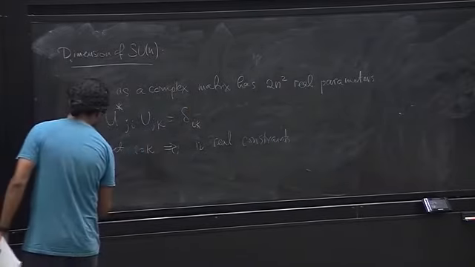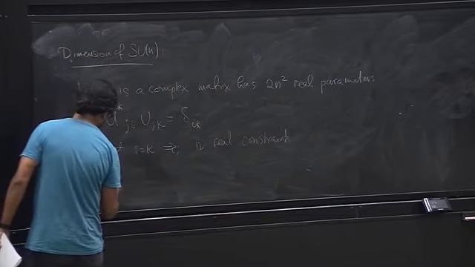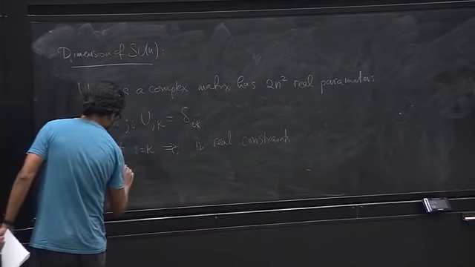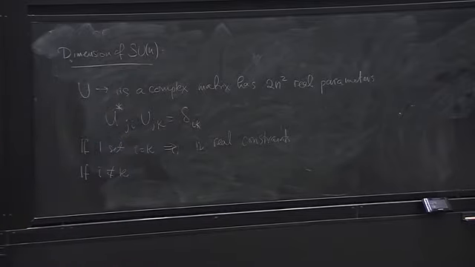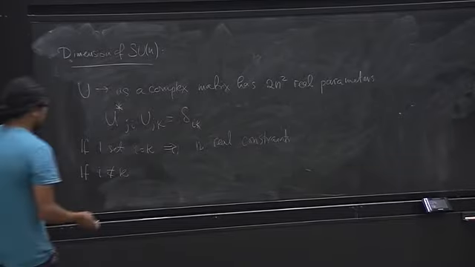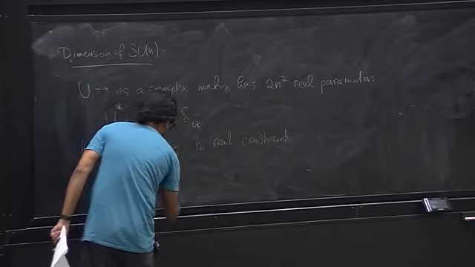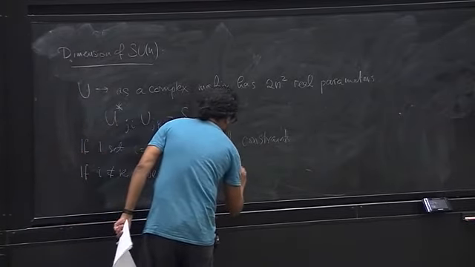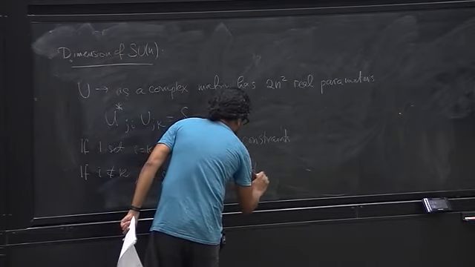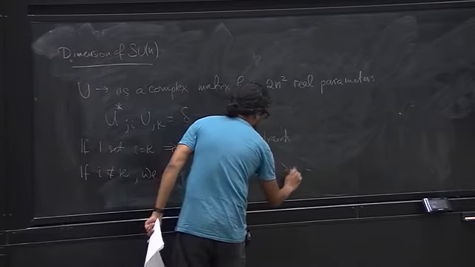If i is not equal to k, then the upper triangular part is related to the lower triangular part by complex conjugation. So we only need to consider, say, i greater than j.